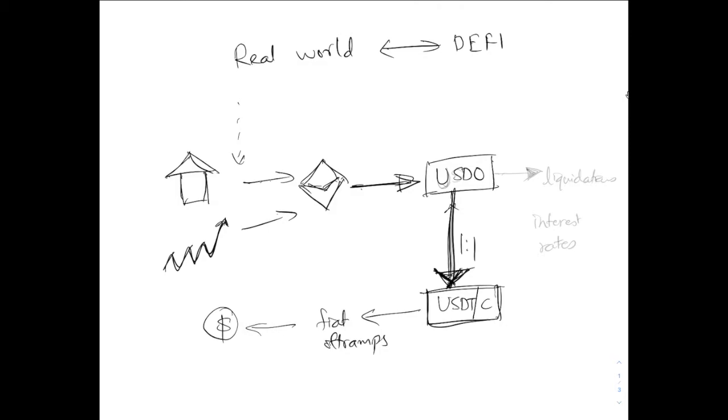Now, in order for that to happen, we have several tools already. Firstly, USDO should always have a proper peg, for which we have the liquidations module, and then we also have adjustments of interest rates, which keep the peg where we want.